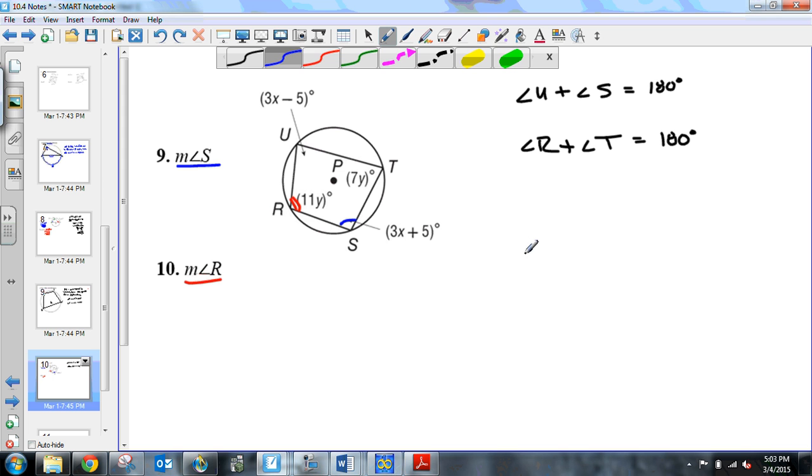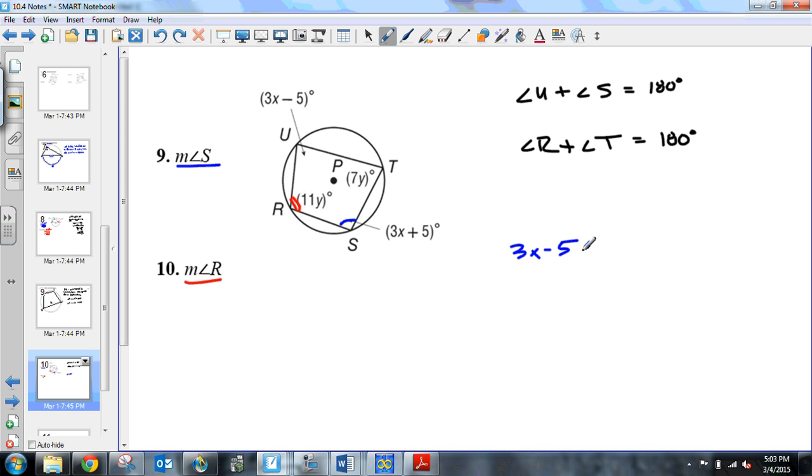If I wanted to solve for X, I would take 3X minus 5 plus 3X plus 5, add those together, and it's going to give me 180 degrees. So I have 3X and 3X, add those up, and I get 6X. Negative 5 plus 5, those cancel out, and I'm just left with 180 degrees. If I divide by 6 and divide by 6, I get that X is equal to 30.